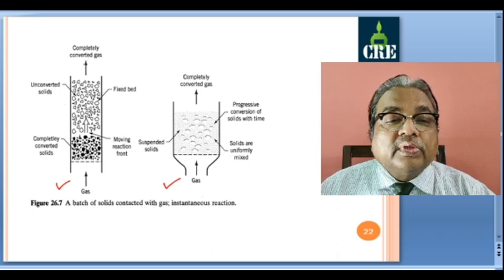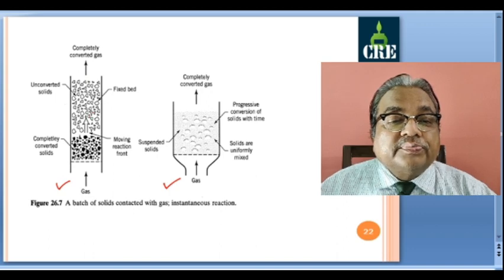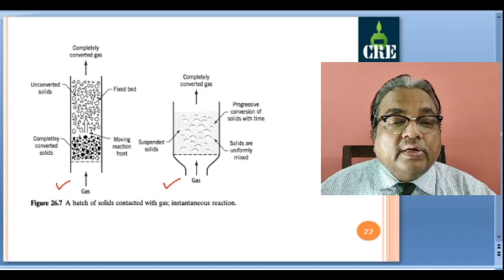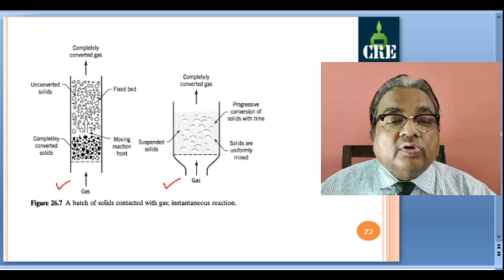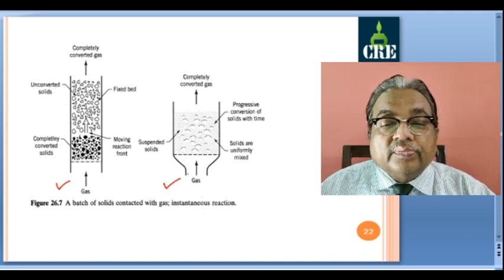The completely converted gas or the reacted gas, and the solids being in excess of the stoichiometric requirement, there will be complete conversion of the solids and still you will have unconverted solids in the reactor, and this will establish a reaction front which will be moving based on the concentration of the gas we are using.